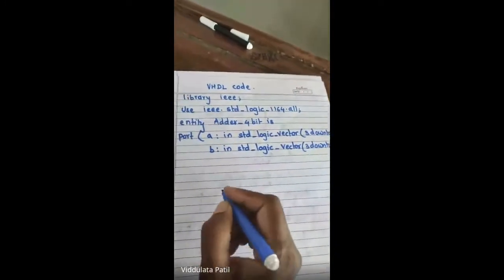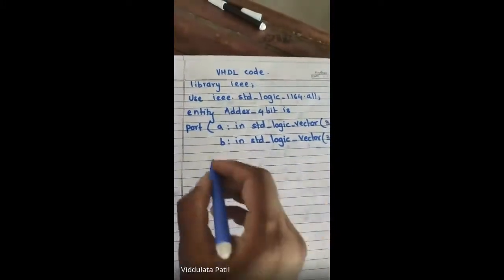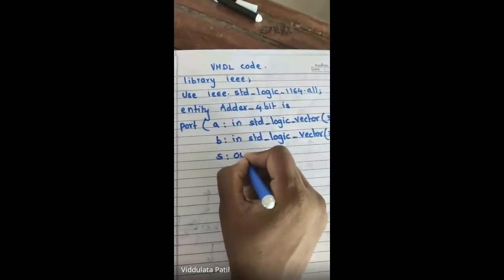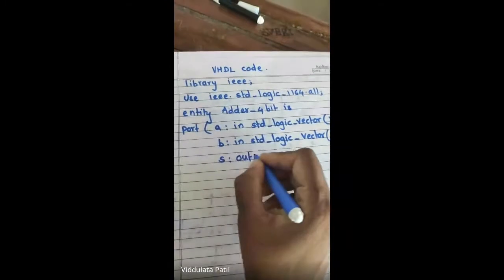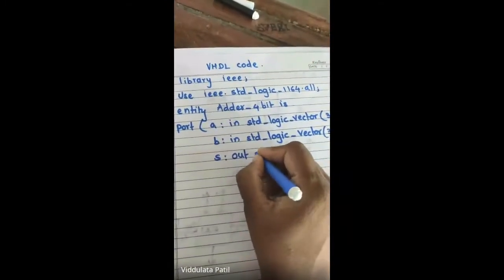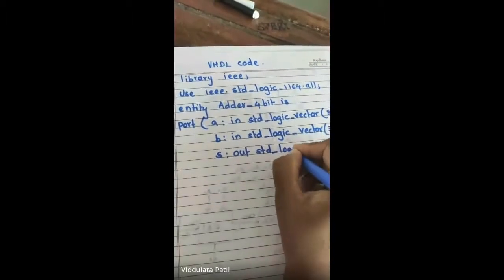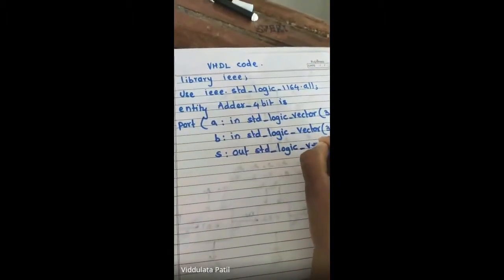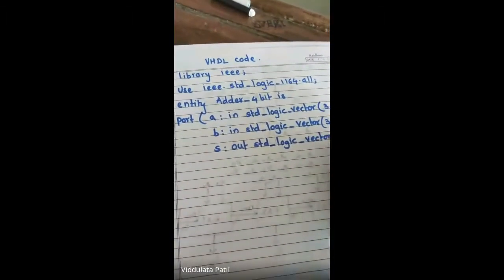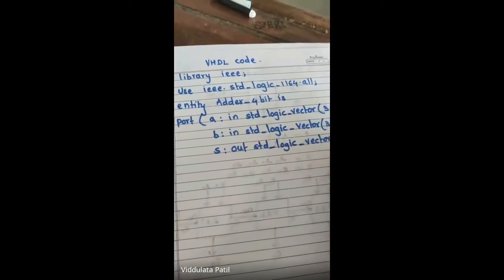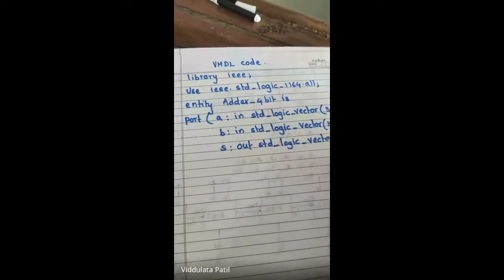So semicolon will be there. After that S, which is an output port. So S output, then type is std_logic_vector, and again range is 3 down to 0, bracket complete and semicolon.